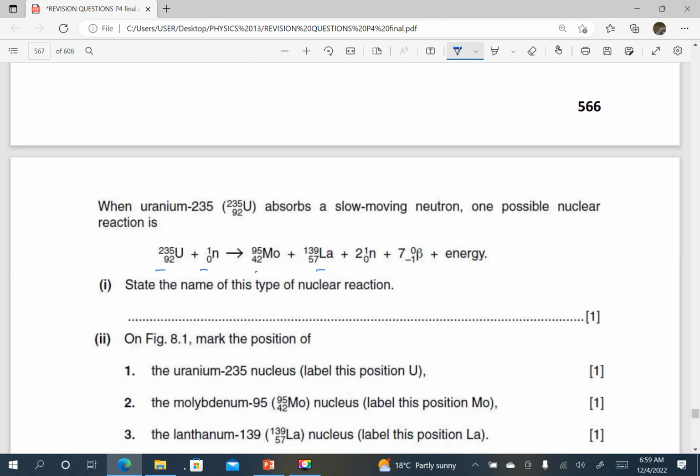We have already seen this reaction. Say the name of this type of nuclear reaction. Of course, when the reaction starts with absorbing a neutron, and you see that the resulting nuclei are of relatively lower mass, so that means it is fission. But since it starts with a neutron, then we can say it is induced by a neutron. Induced nuclear fission.